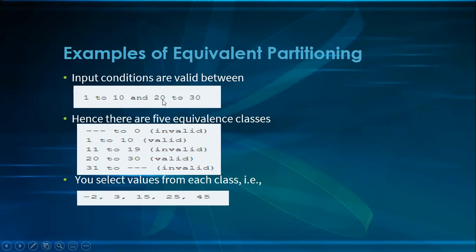This side, 20 to 30, is the valid part because that 20 to 30 is also part of my condition, that for me to have a valid combination, a valid class, this 20 to 30 is between it. Then anything from 31 further down till infinity is invalid because it's not part of what is expected. So I'm testing between 1 and 10, 20 and 30.